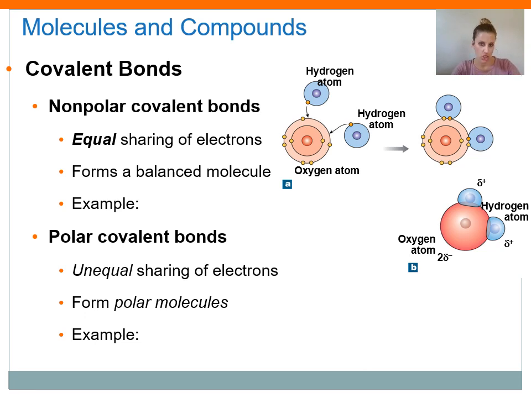Water is just H2O, right? We've got oxygen, and oxygen has 6 electrons in its second shell. So it really wants 2 more electrons. And then we have our hydrogens, right? This hydrogen over here has 1 electron, and it really wants 1 more. So it'll come and share a pair of electrons with the oxygen, right?